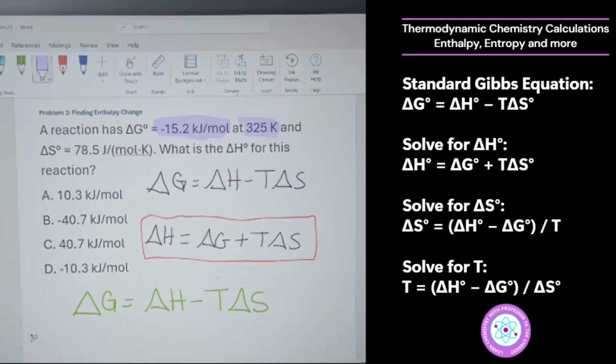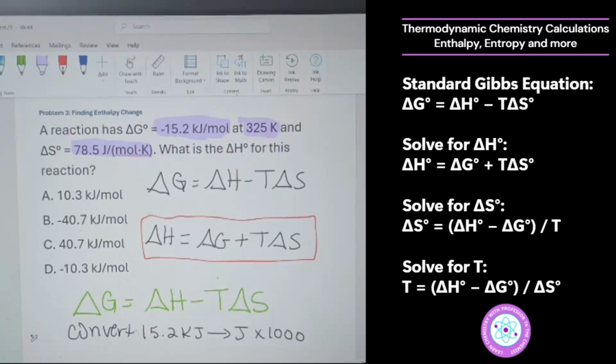But the delta S is in joules per mole dot Kelvin. You all should already know that you're going to have to do what? Convert the 15.2 kilojoules to a joule by multiplying it times 1,000, okay?